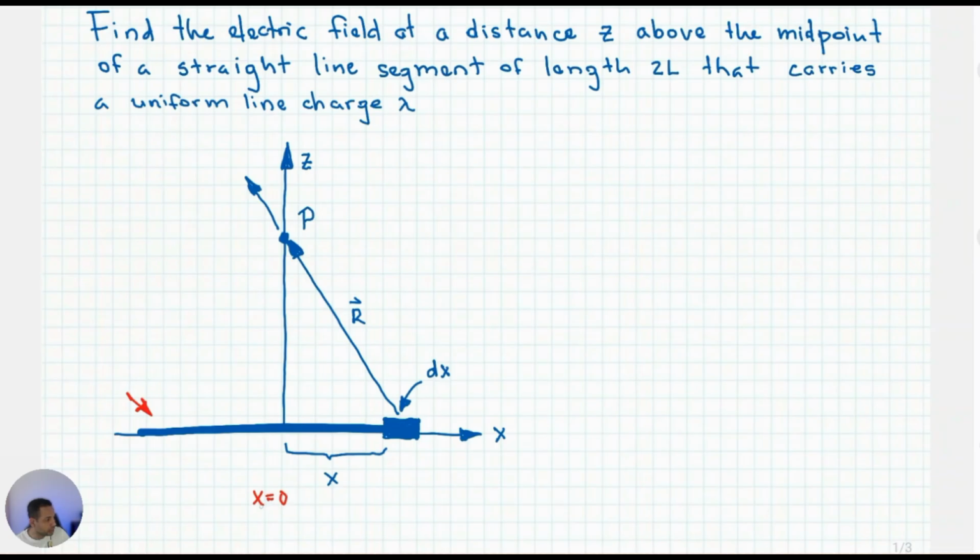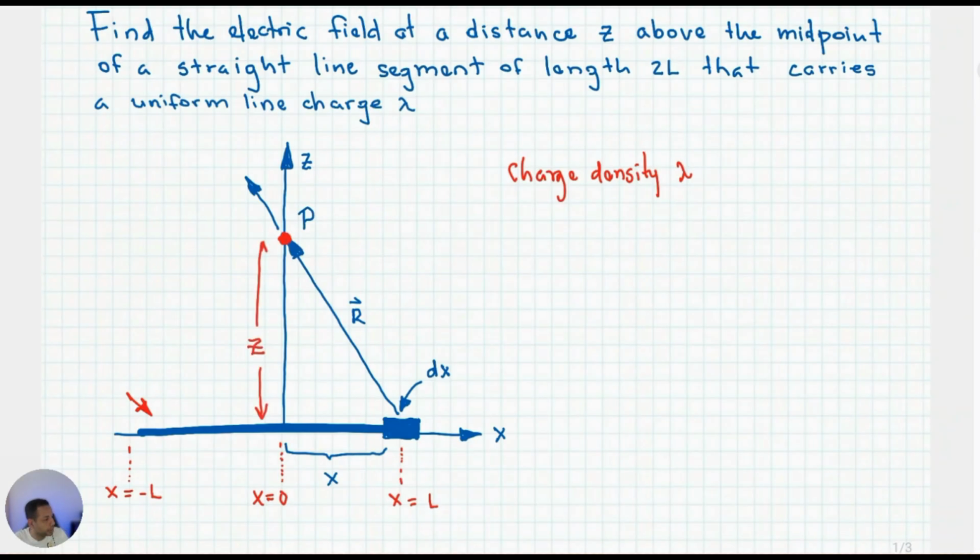The line segment extends from x equals minus L to x equals L. The bar has uniform charge density lambda, and we want to find the electric field at the point P right here. The point P is located at a distance z above the center of the line.